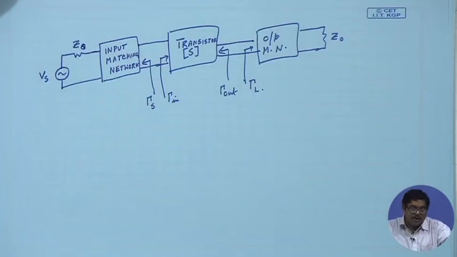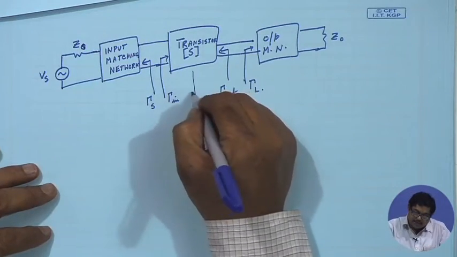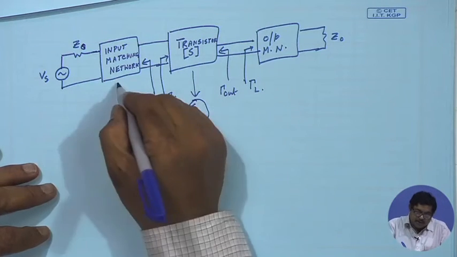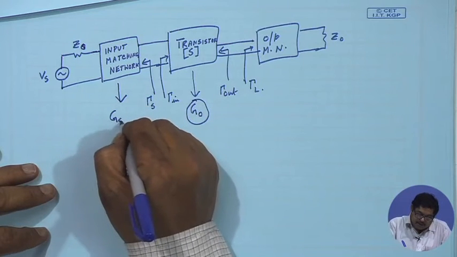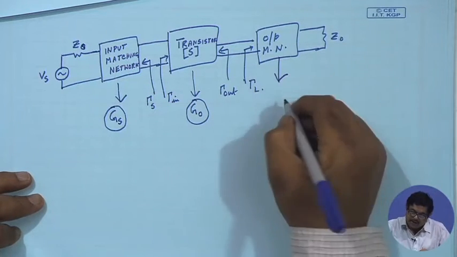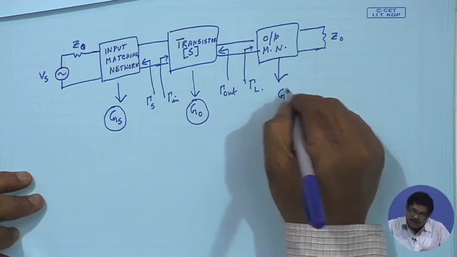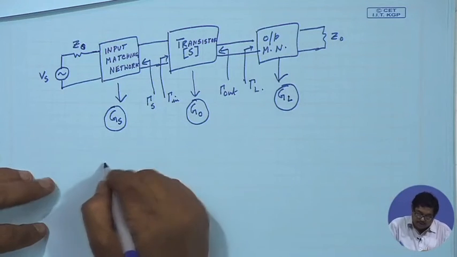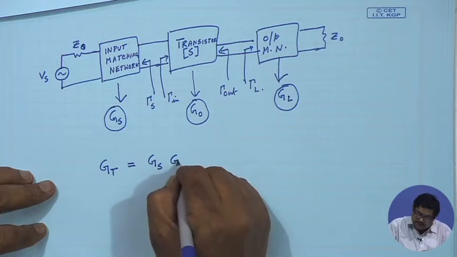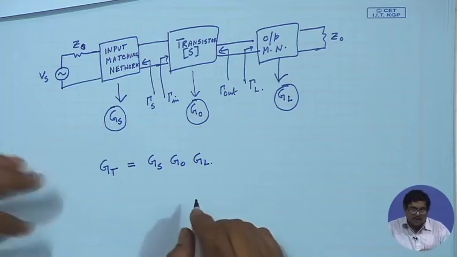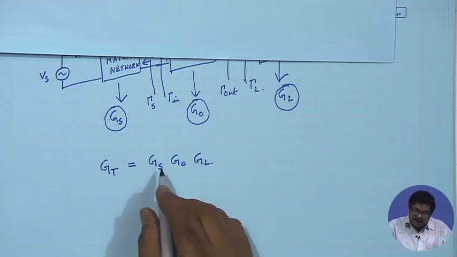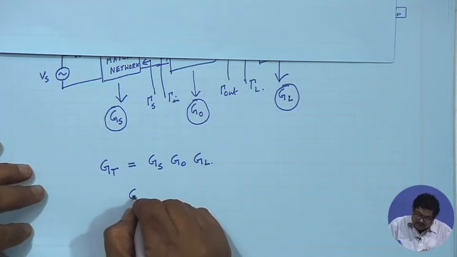If we look here, this part will give me a gain of G0, this part will give me the source side gain from the input matching network, and this side I will get a GL, the load side gain from the output matching network, and my total GT is nothing but GS, G0, GL. As you see, I have various products. So what is GS?